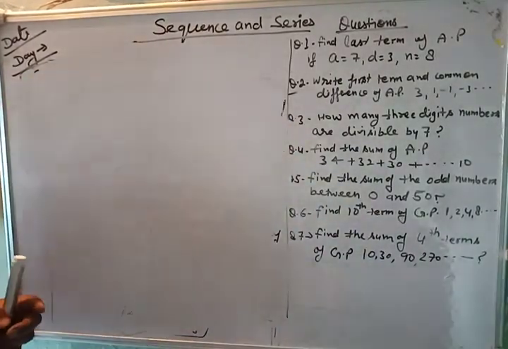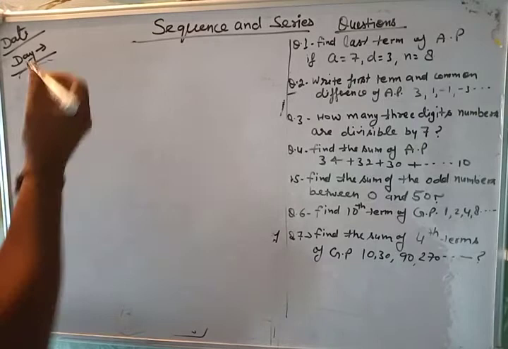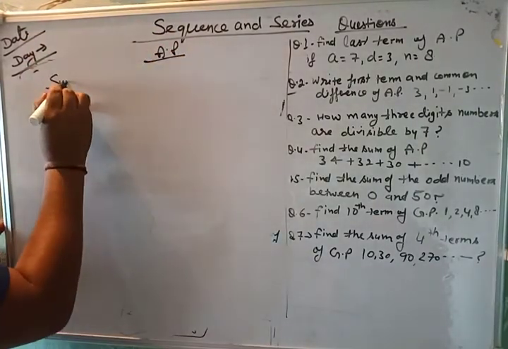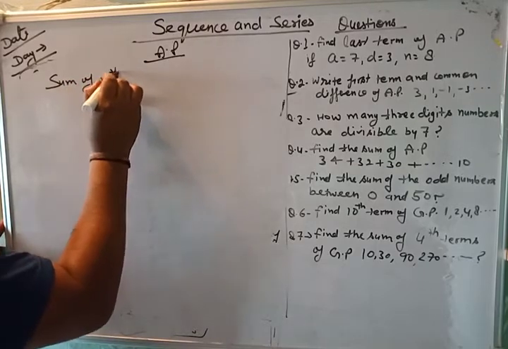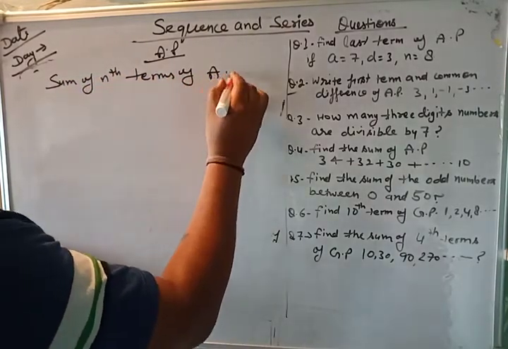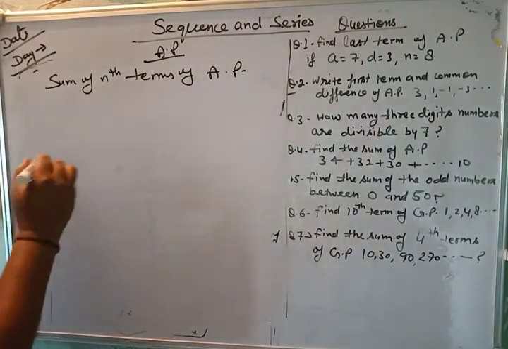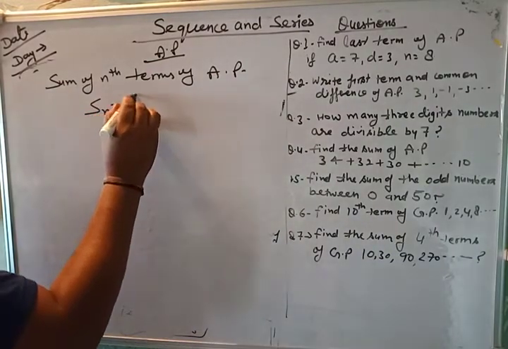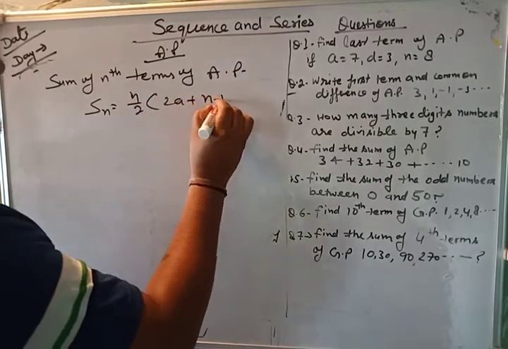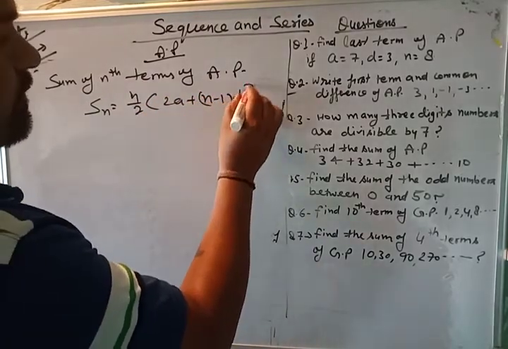Now again the next formula, as the AP series is going on. Sum of nth terms of an AP. Clear? So the formula is direct: Sn equal to n by 2 into 2a plus n minus 1 into d.